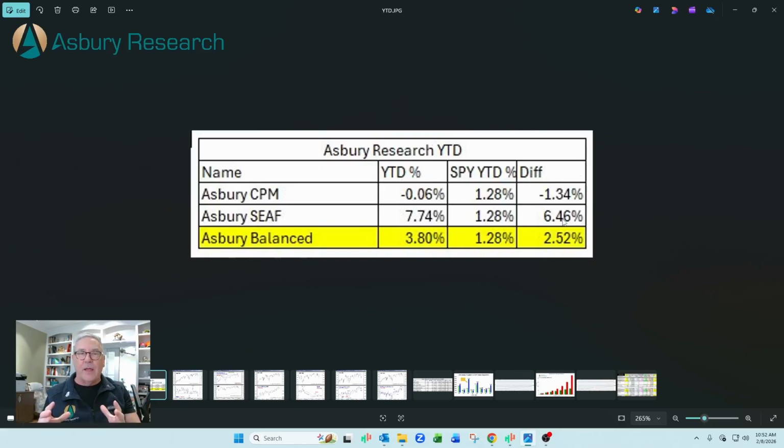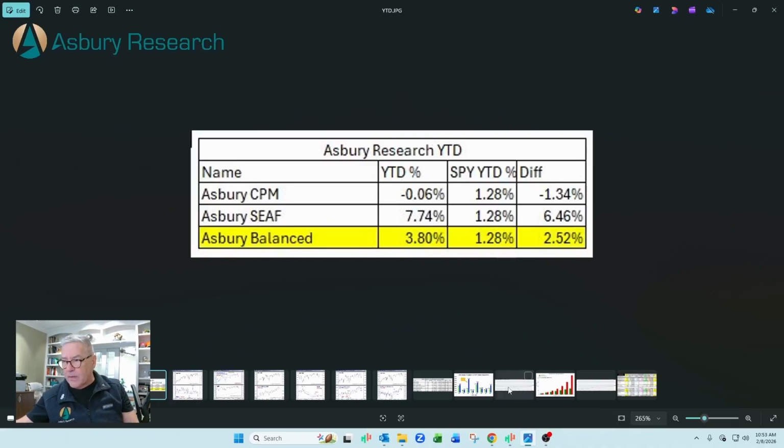When you put them both together, we call that Asbury Balanced, and it's actually one of 4 model portfolios that we use for those who prefer a managed account over research. So you can see this Asbury Balanced is outperforming the S&P by 2.52%, which again is that 50-50 blend.